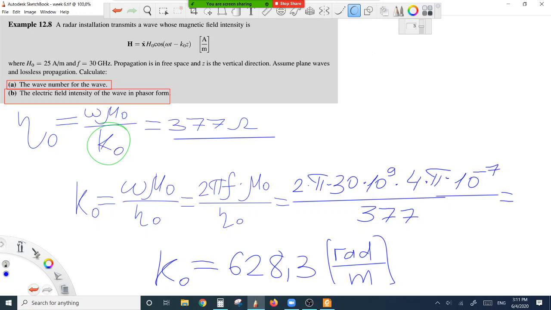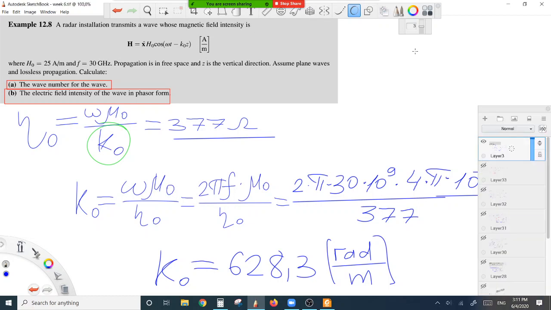Okay, what about the second question? The second question is asking us to write the electric field intensity of the wave in phasor form.